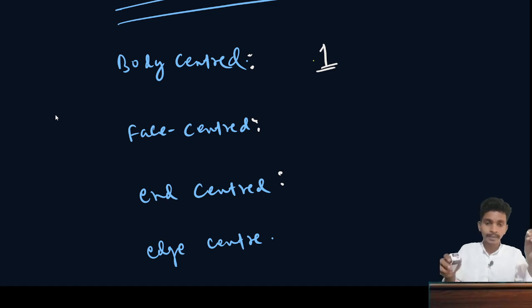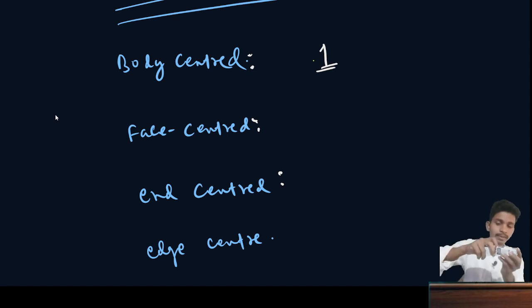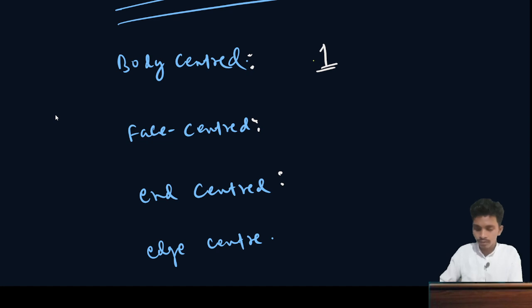Now it is present at the body center, it means it is present in the middle. If you pull this here, and do that in all directions, then what is the contribution? Its contribution is 1. Body center always means contribution is 1. And for the face centered, let's say it is present in this face. This is the face.